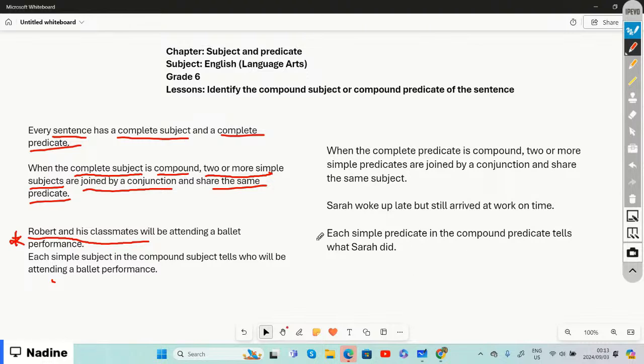And here we see that Sarah woke up late and still arrived at work on time. And there we have two predicates, two verbs.